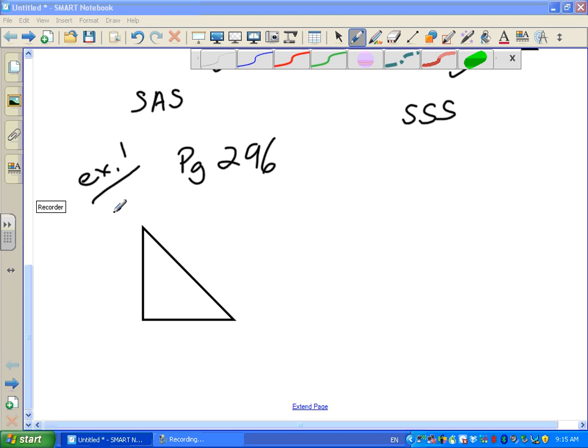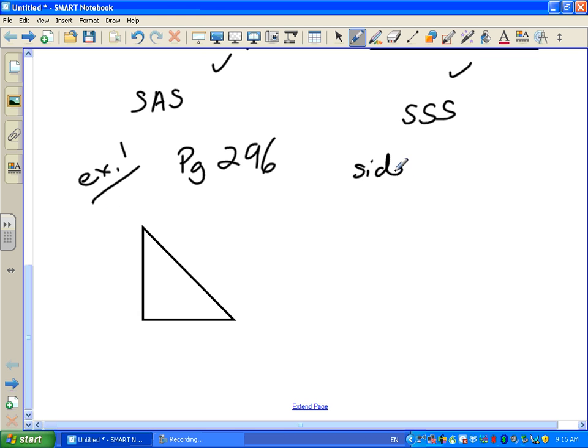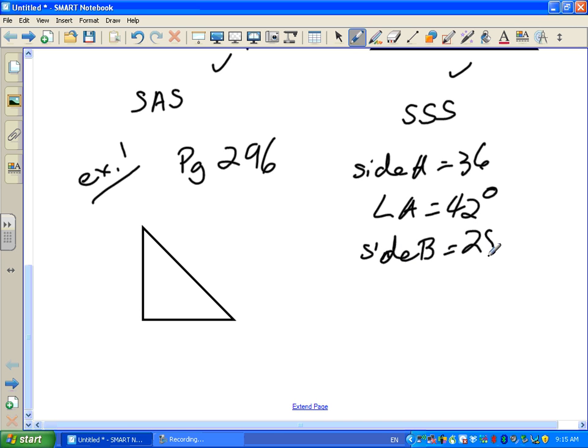There are no diagrams on your test. Your test will have something like this: side A equals 36, angle A is 42 degrees, side B is 28, and you need to construct the triangle from that information.